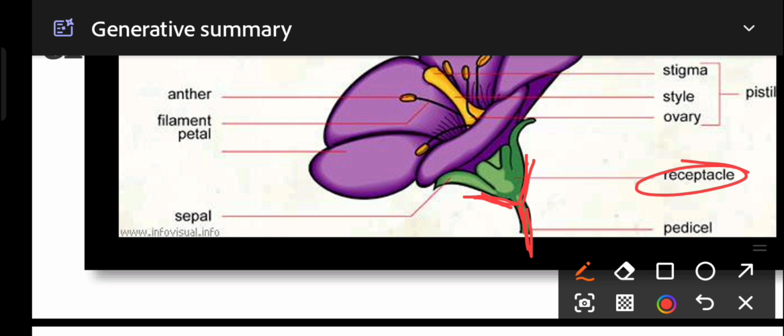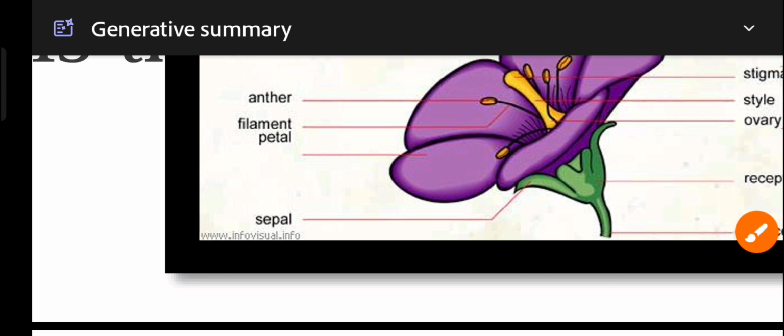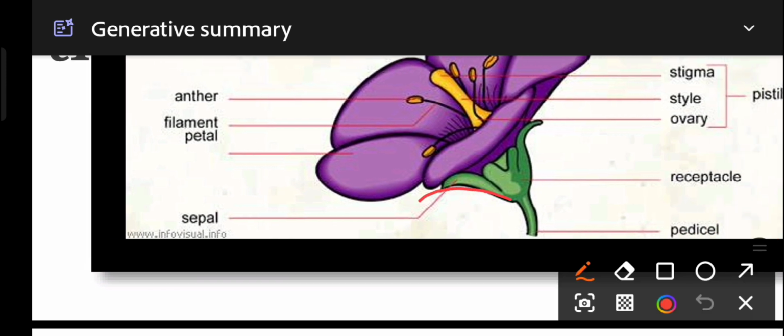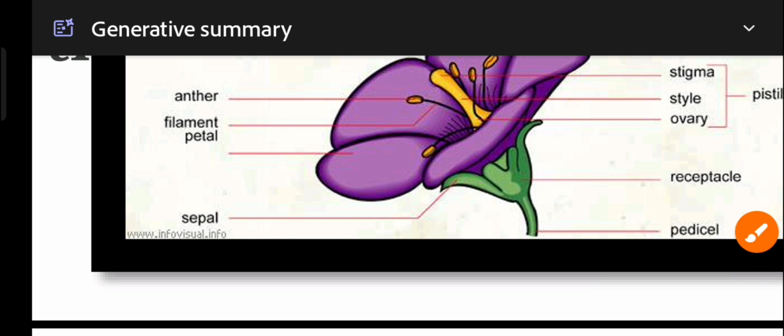It may extend. See how it extends, it extends to form a cup-shaped structure. So it extends to form a cup-shaped structure, right? This is all about the receptacle, understand?